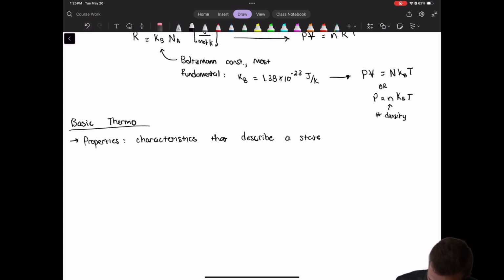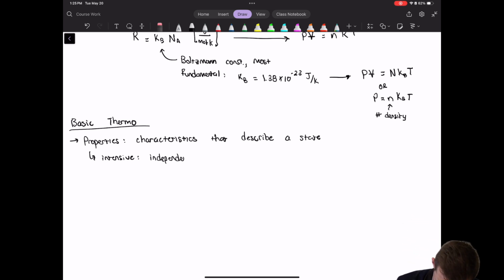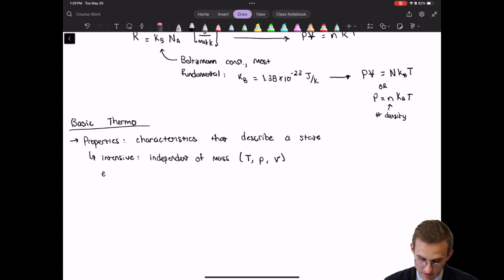We have intensive properties, which are independent of mass. Examples are temperature, pressure, or specific volume, because you've normed the mass out of that.